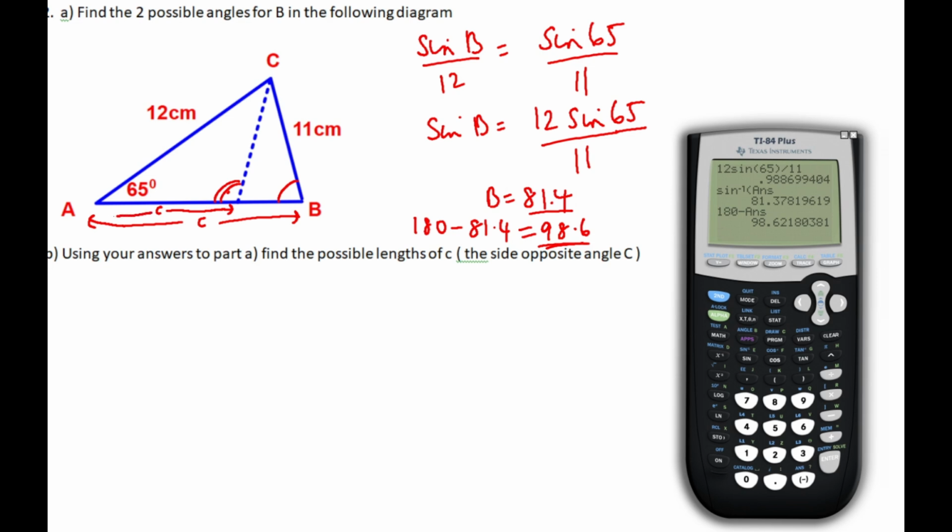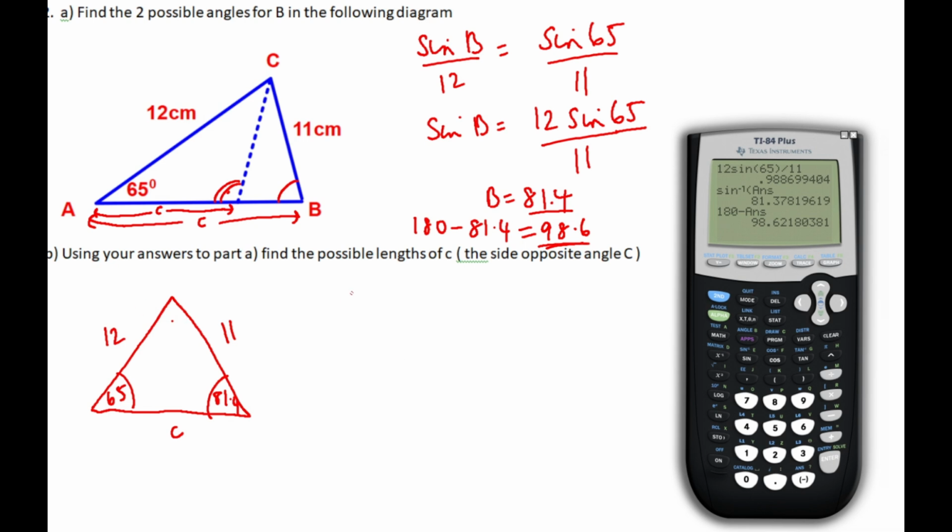There'll be two possibilities. So if I consider the larger triangle, the one around the outside, where this was 65 and this angle was 81.4, and we're looking for this length, then we can, of course, first of all work out the missing angle at the top.